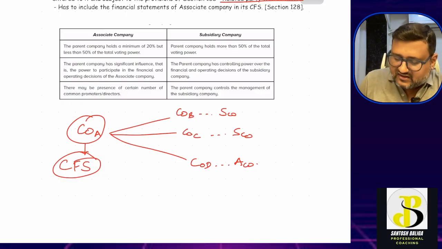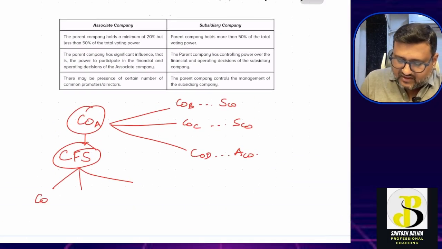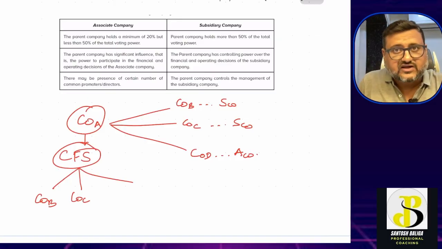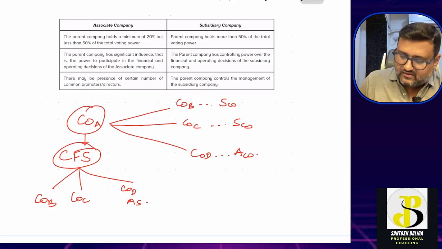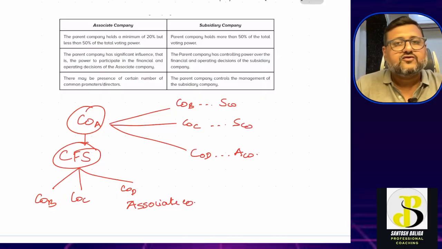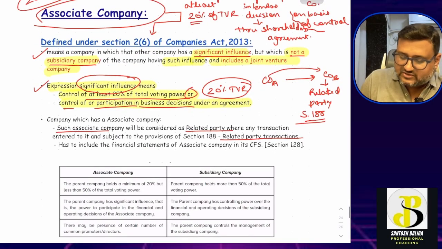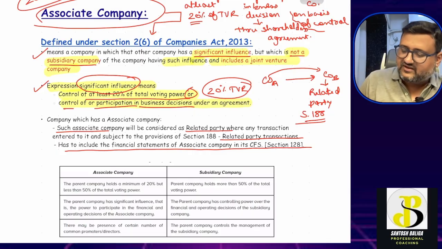And this consolidated financial statement will include the financials of company B and company C, which are the subsidiaries, and also company D, which is the associate company of company A. Okay, so this is also one more compliance, that it has to include the financial statements of the associate company in its CFS. CFS means consolidated financial statement, and this is given under section 128 of the Companies Act.